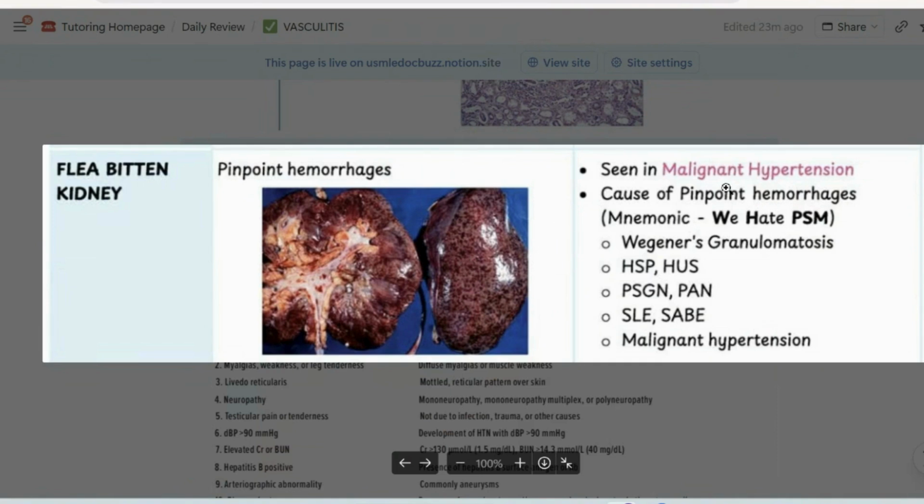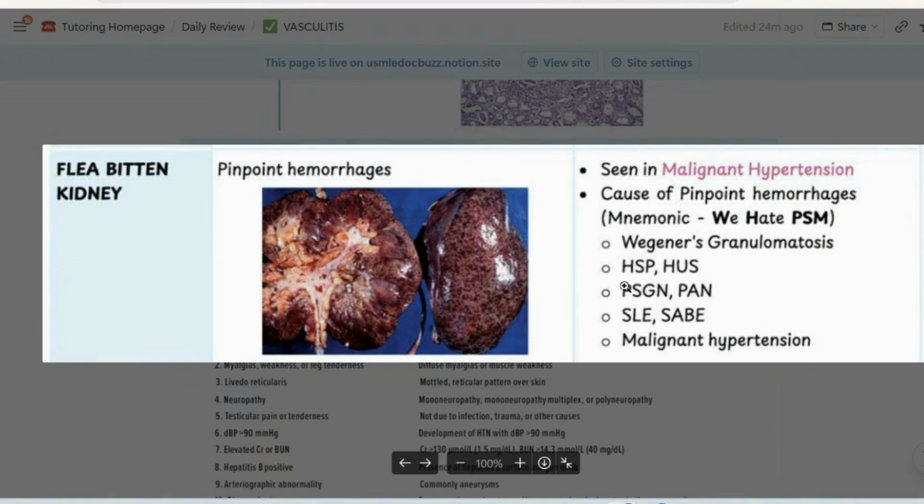So first of all, the most important one is hypertension, malignant hypertension, leading to end organ damage and bleeding within the cortex on the surface of the kidney. Then we see PAN, which is also mentioned here. PSGN is mentioned here, right? SLE, you see HSP and HUS also being involved here, right? Henoch-Schönlein purpura, hemolytic uremic syndrome.